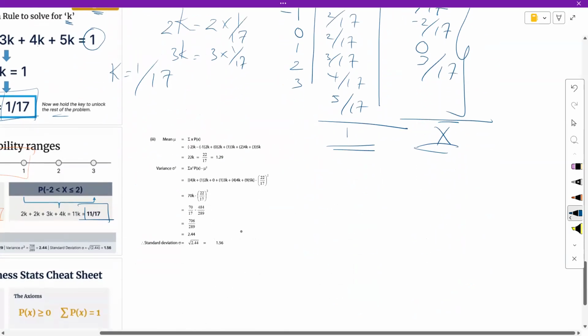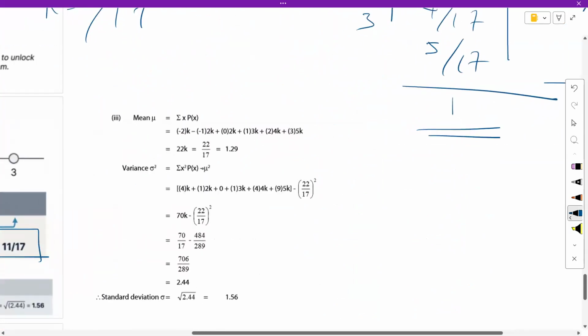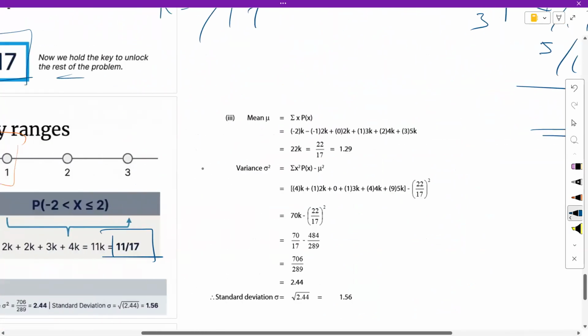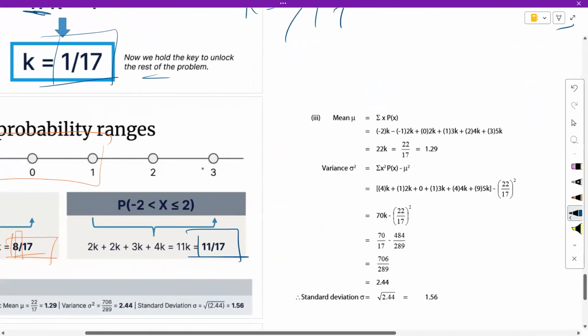When we do that, we can get 1.29. If you want, I will do it in Excel.